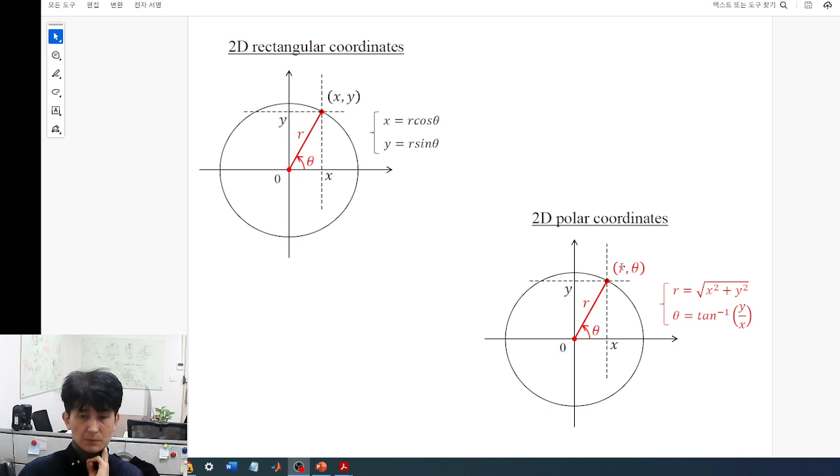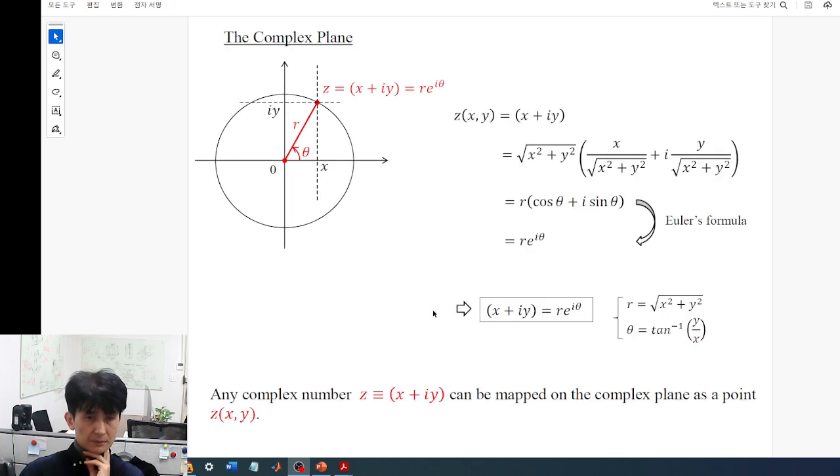The relation between r and theta with respect to x and y is this: r becomes the square root of x squared plus y squared, and theta becomes the arctangent of y over x. That's the basic relation between the x and y and r and theta coordinates.